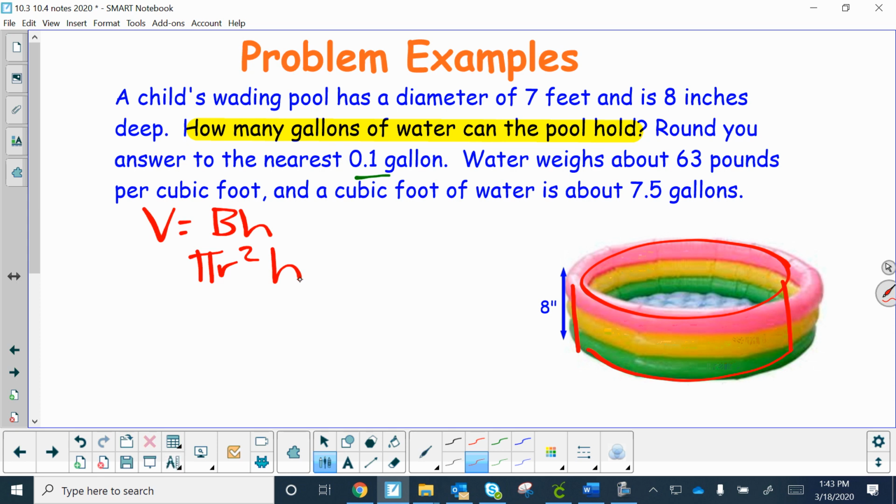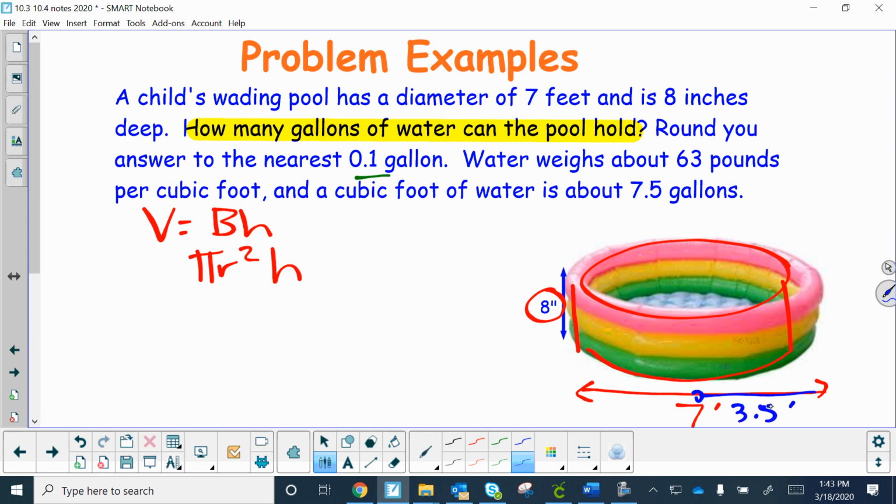Okay, and the diameter all the way across is 7 feet. Now you have to take a good note here that that's 8 inches and this is 7 feet. So our radius, which is halfway, is going to be 3.5 feet.